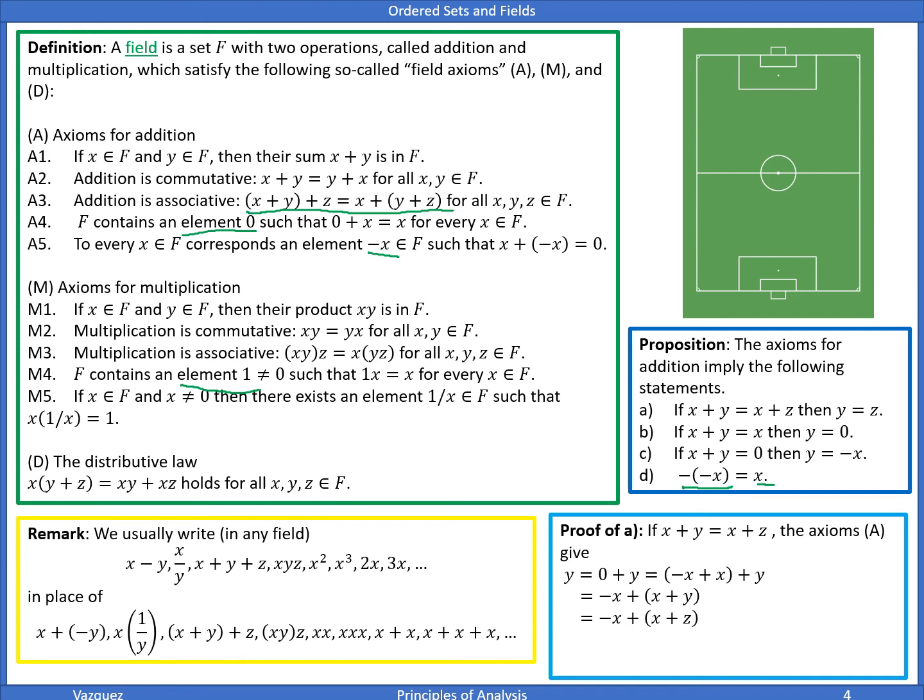And then because we're assuming that x plus y is equal to x plus z, I'm going to replace x plus y with x plus z over here. And then I'm going to use the associative property again to group the negative x and the x. And what is our sum equal to? Well, just 0. And 0 plus z is equal to z, right? By the axioms of addition. Therefore, y is equal to z. And using axioms like that, you can go ahead and prove the other ones. Shouldn't be too difficult.